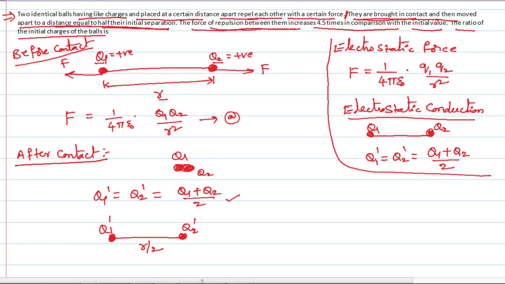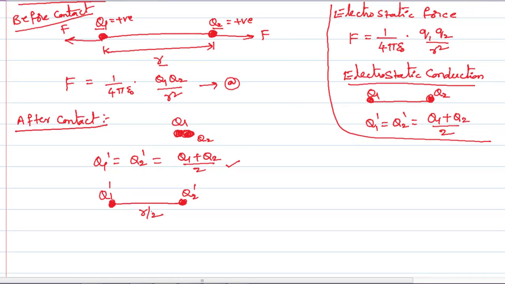The force of repulsion between them increases. In this case, F dash is equal to 4.5 times of F.